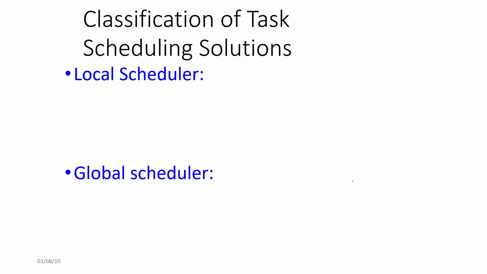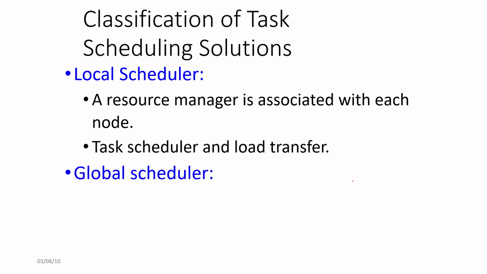So let us classify the task scheduling solutions into two types. We'll have a local scheduler and a global scheduler. With every node, where a node is assumed to be a single computing unit, we have a resource manager which acts like a local scheduler. It figures out all the tasks that are there and so on.